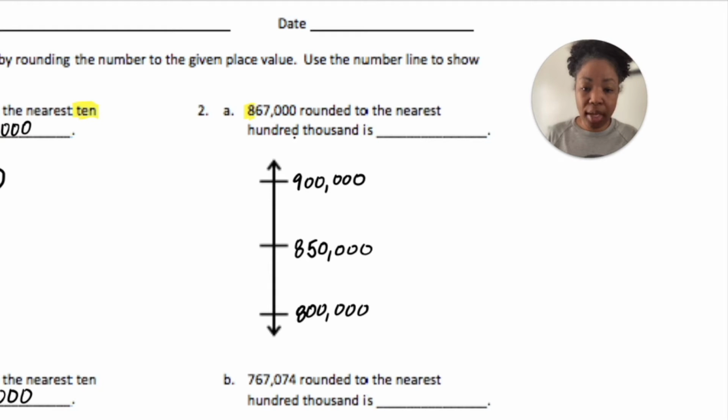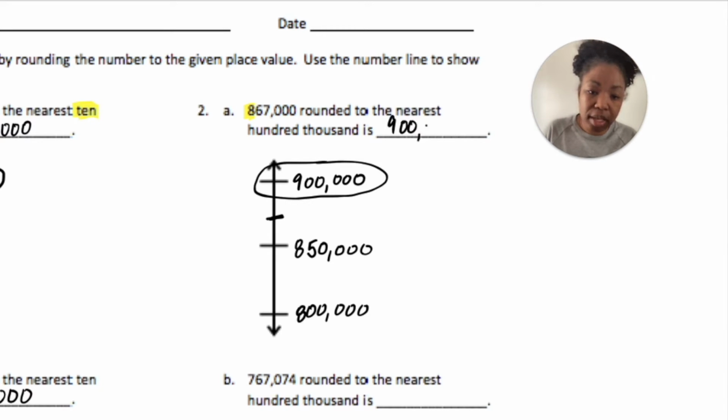Half of 100,000 is 50,000. So we would add that to the bottom number. This is 167,000. That's more. So we round up to 900,000.